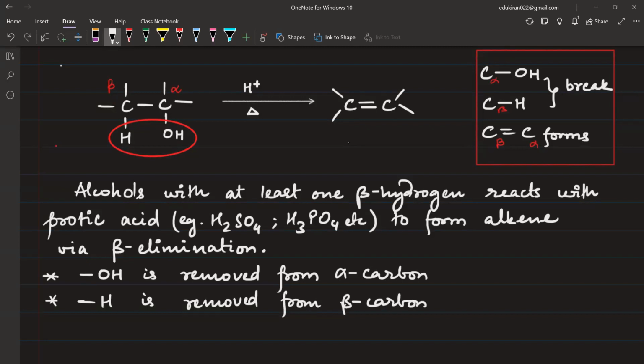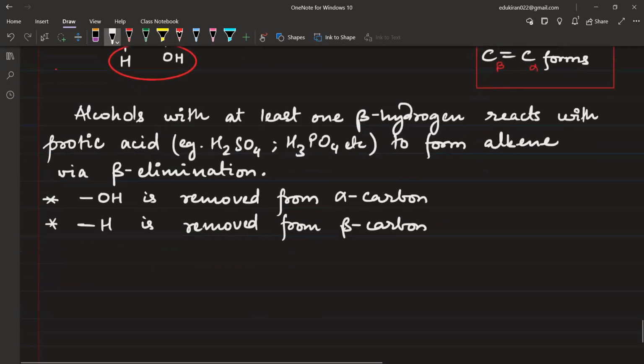Hydrogen is removed from beta carbon. All of you understood this? Yes or no? Please tell me.